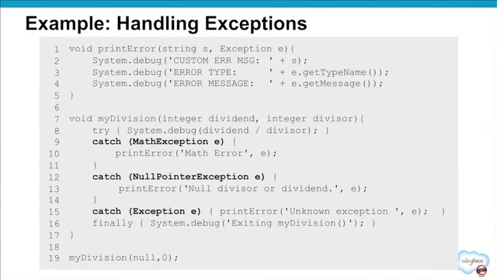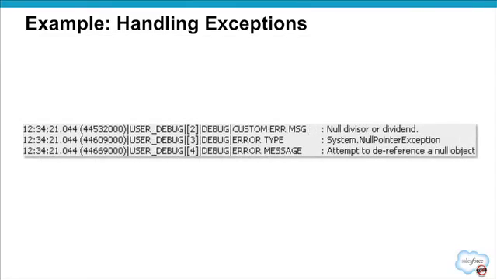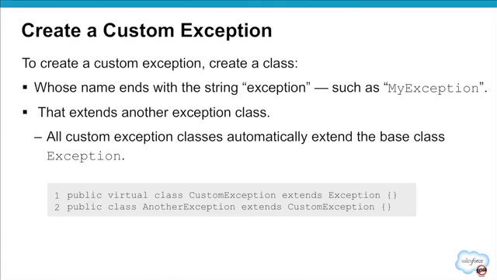Here is some exception handling code. Here we're doing our risky operation in our try block, and the exception will fall into the first catch block that's properly scoped, and then execute that. You can create a custom exception.